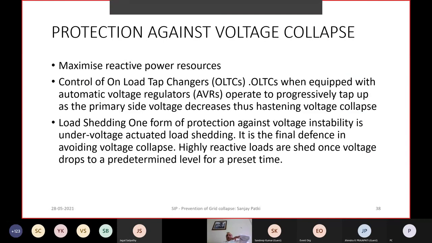So the protection for the voltage collapse phenomena and control actions is a separate subject which we will not discuss, because it involves operation of the on-load tap changer, the boosting of the reactive power source by generators, picking up the reactive power supply to the system, and reactive power support by way of STATCOMs.